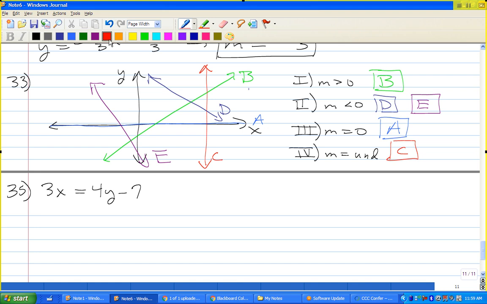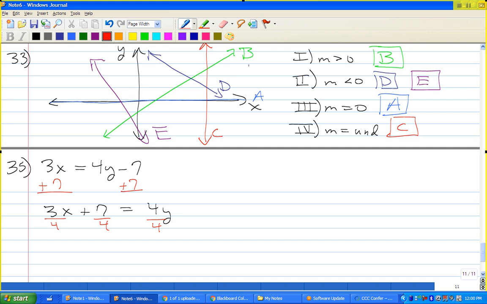So all you have to do is determine the slope of this line. So you get 3x plus 7 is equal to 4y. Divide by 4. So you get that y is equal to 3/4 x plus 7/4.